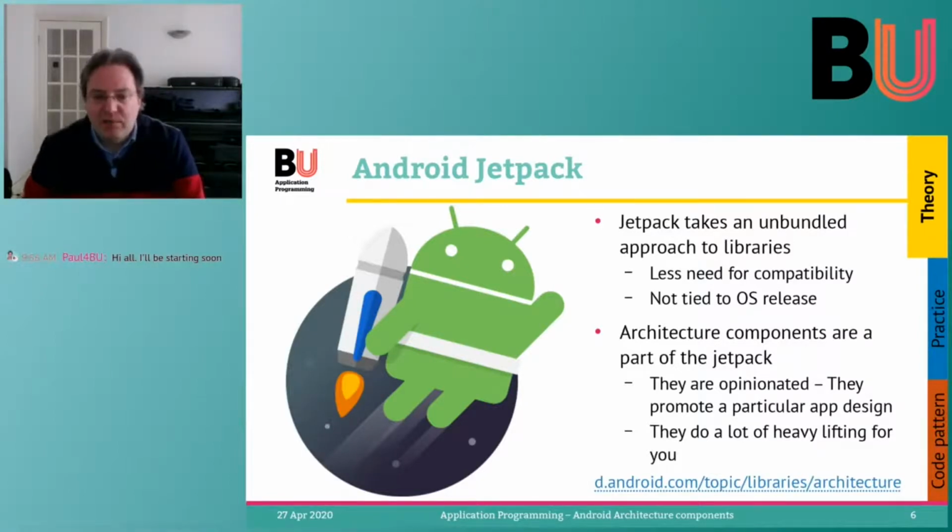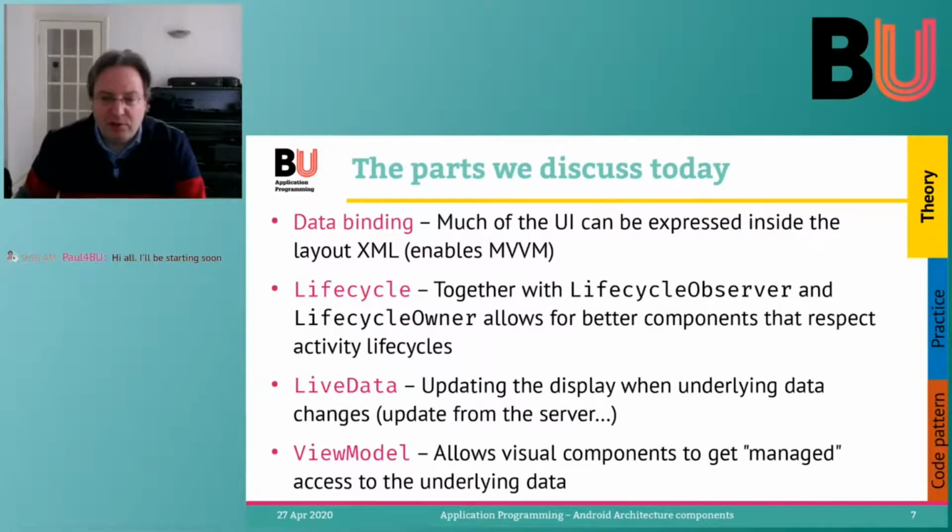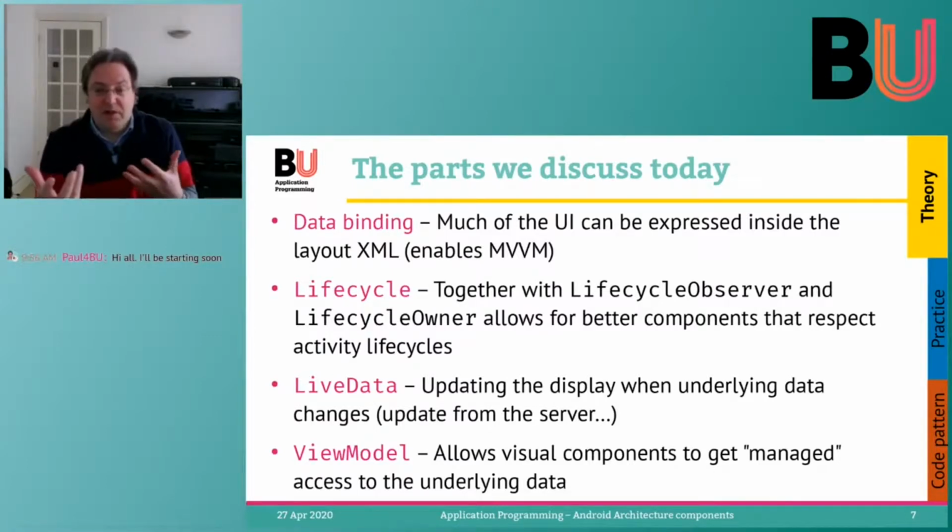So today we'll be looking at some part of the architecture components, because there are many more. First one of this is the data binding and view binding. So basically the idea that you can actually have a better way of doing this linking between your UI, your layouts, and your code, your Kotlin or Java files.